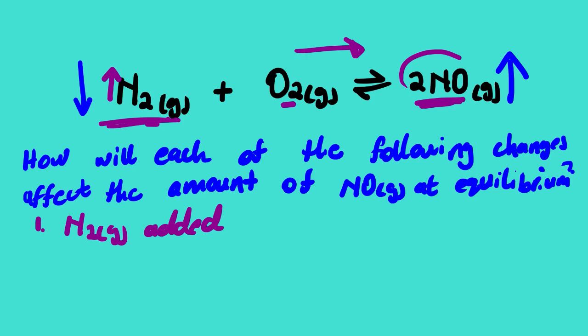So in this case, the change, we increased this. Now, in order for a new equilibrium to be established, that added substance must be decreased, and at the same time we increase the NO, which is our product. So our answer here will be, it will increase.